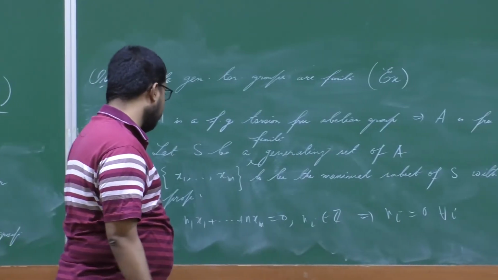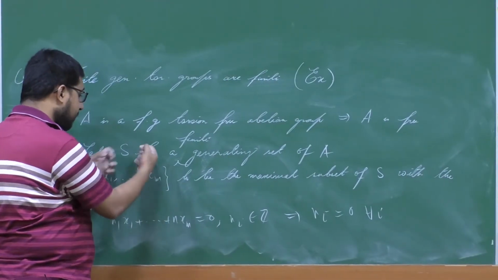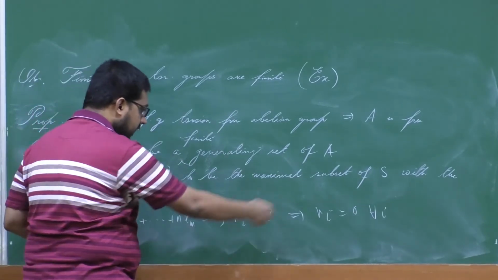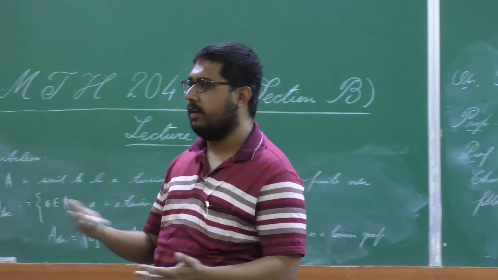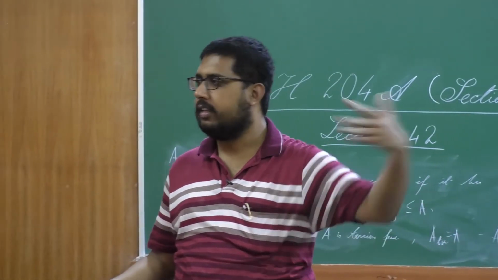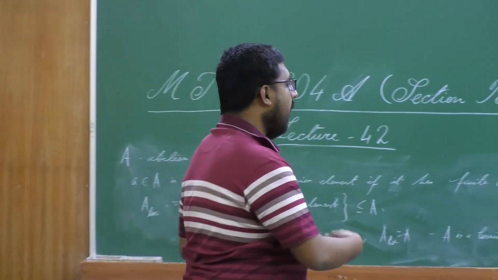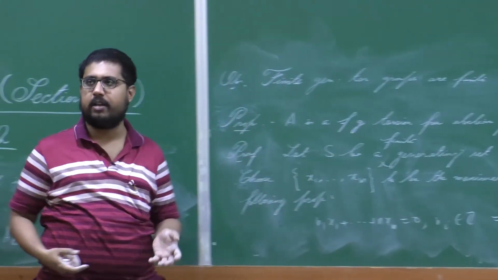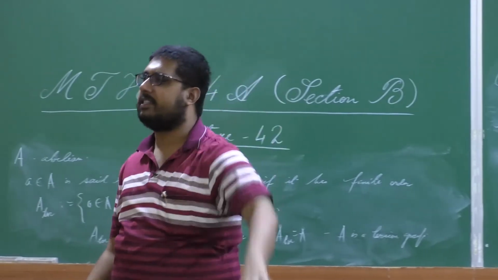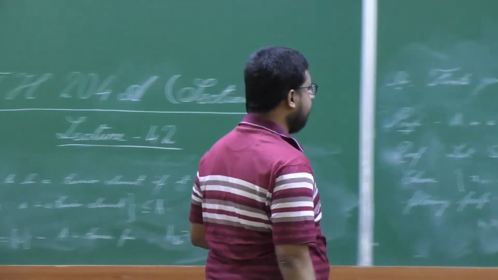We are considering all those subsets of S that have the property that whenever a combination vanishes, then each and every coefficient has to vanish. Since we are working with only finitely many elements, indeed we can choose a maximal subset with this property.